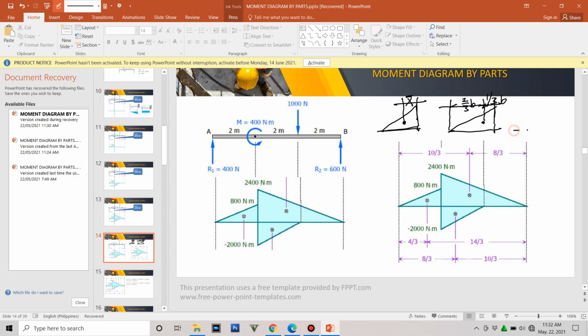Likewise, if we have a second degree curve, this becomes 1/4 of the base, and the remainder is 3/4 of the base.